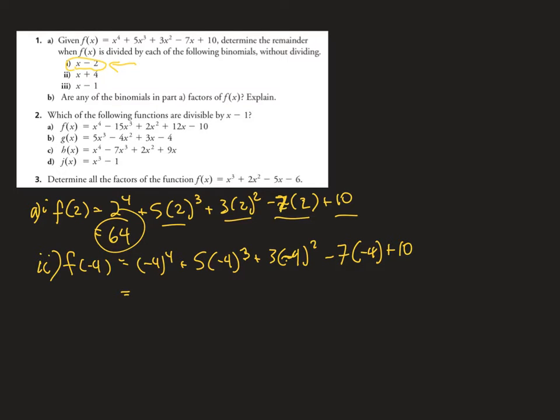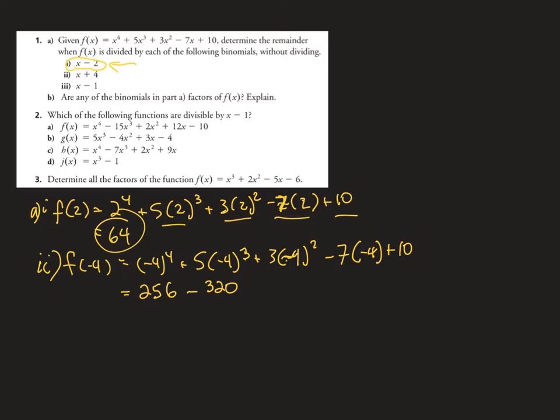Negative 4 to the 4 is 256. Negative 4 cubed is negative 64, my bad. So it's going to be minus 320.